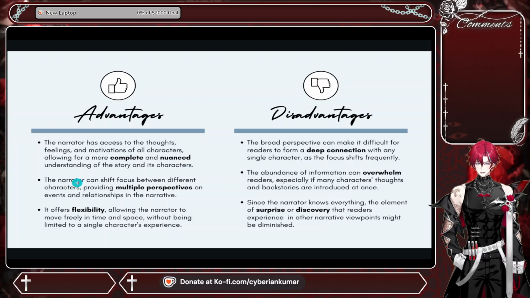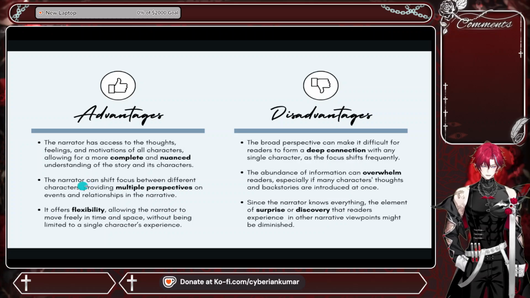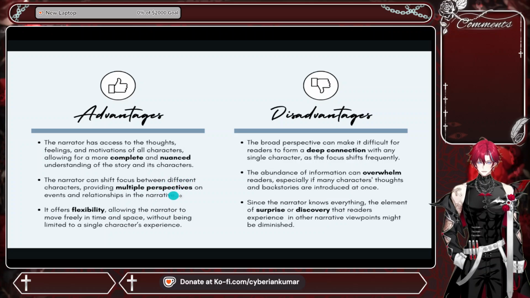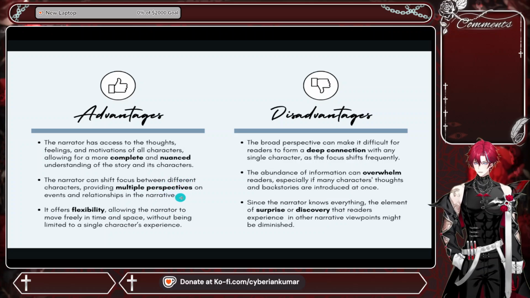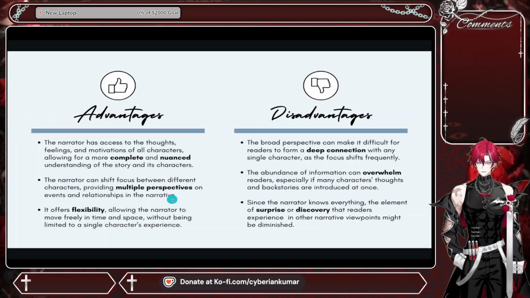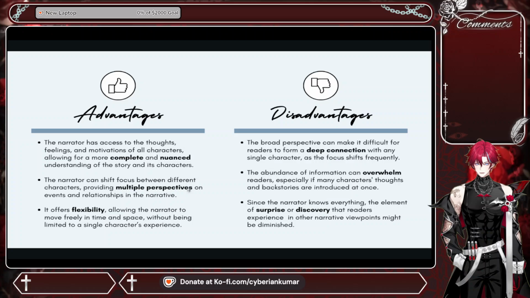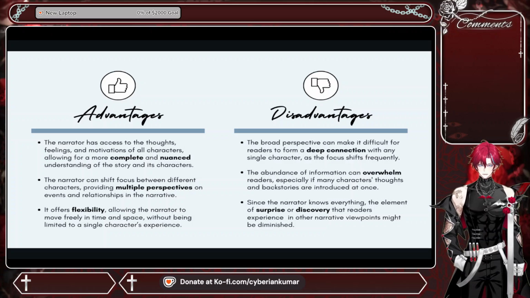The second advantage is that the narrator can shift focus between different characters, providing multiple perspectives, events, relationships, and narratives. As I said before, it could provide different and multiple perspectives, relationships, and feelings of every character.